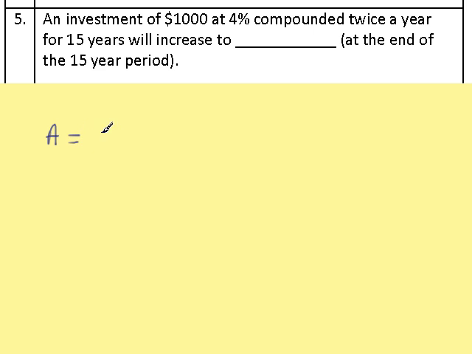The amount A is equal to P, that's the initial investment, the principal, times 1 plus the yearly rate r divided by n, the number of times the interest is compounded, raised to the exponent nt. t is the number of years, and n is the number of times the interest is compounded. So that's our formula, and we're going to apply that here.